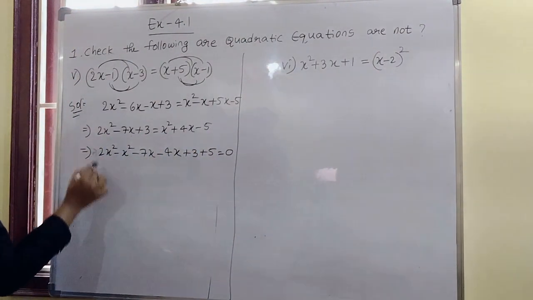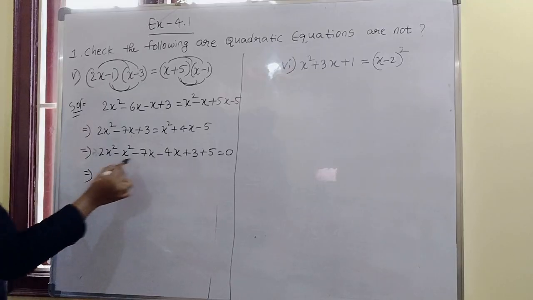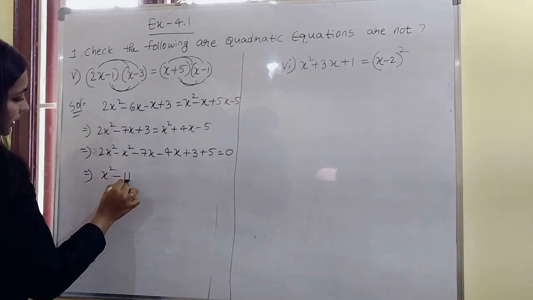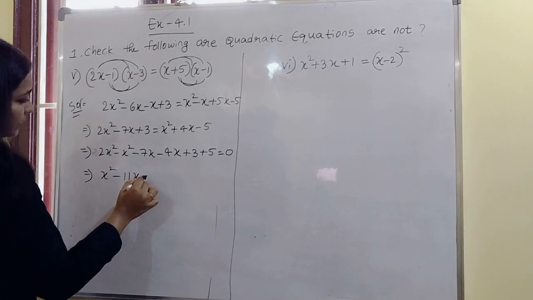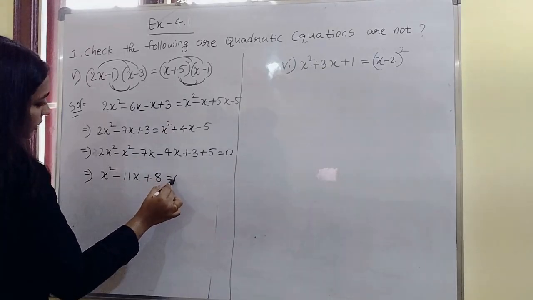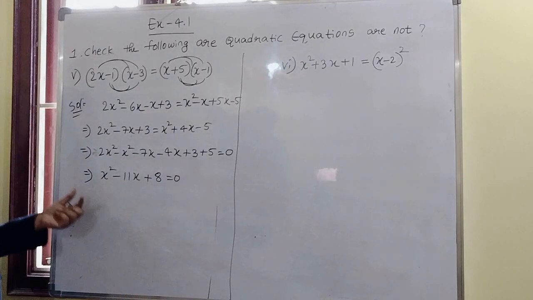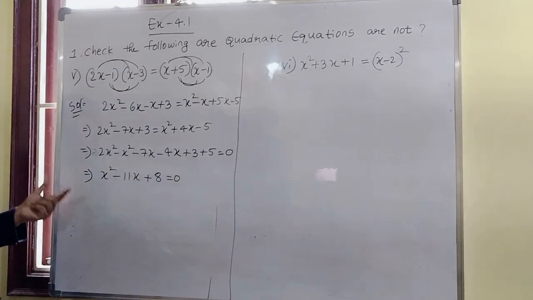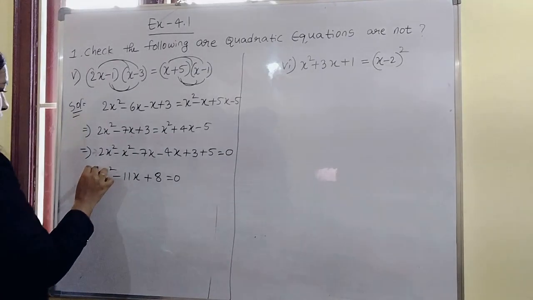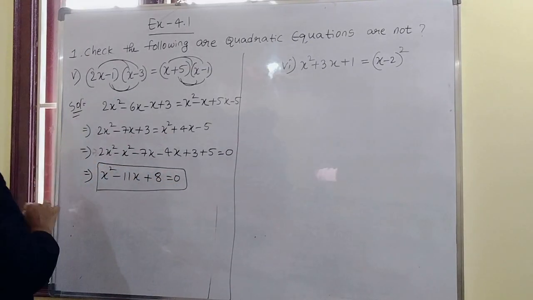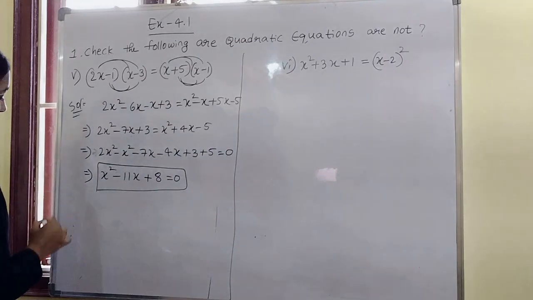Now, 2x square minus x square, minus 7x minus 4x, minus 11x, plus 3 plus 5, plus 8 is equal to 0. Okay. So, it is in the form of ax square plus bx plus c is equal to 0. Therefore, the given expression is a quadratic equation.